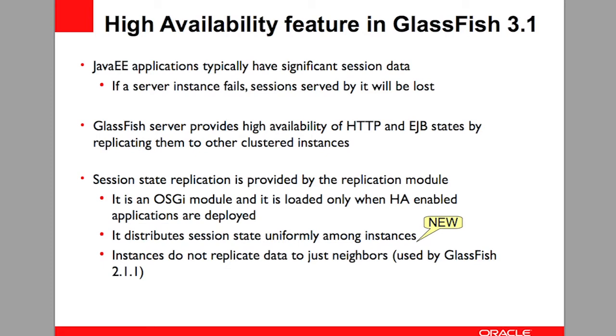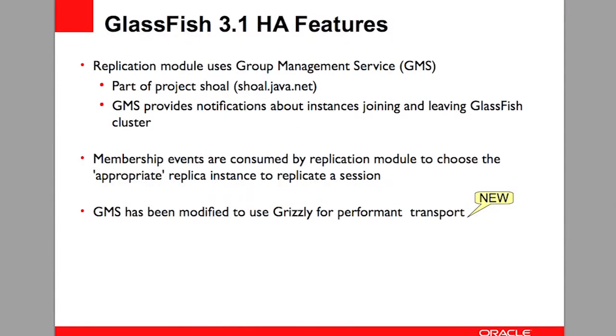This is a significant change from GlassFish 2.1, where an instance will replicate the user sessions only to its neighboring instance. The replication module uses Group Management Service, which is also an OSGI module. GMS provides notifications about instances joining and leaving the GlassFish cluster.